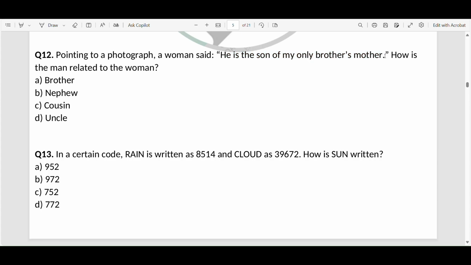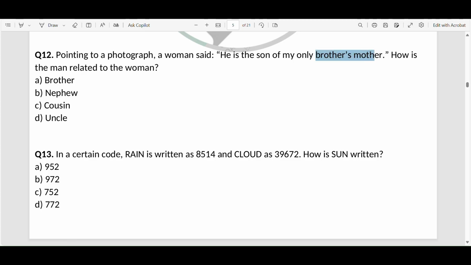After looking at this sentence, you have to search for the word my. My only brother means that woman's brother. Just consider that woman as you, and that woman's brother means my brother. And my brother's mother will be my mother, right?